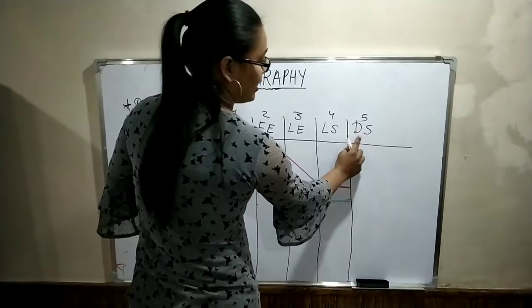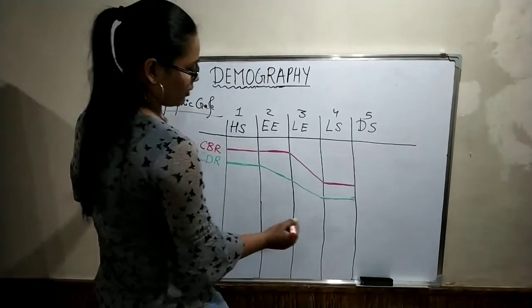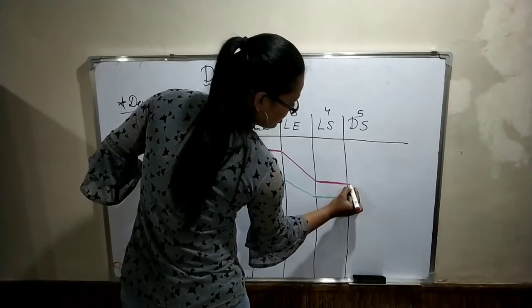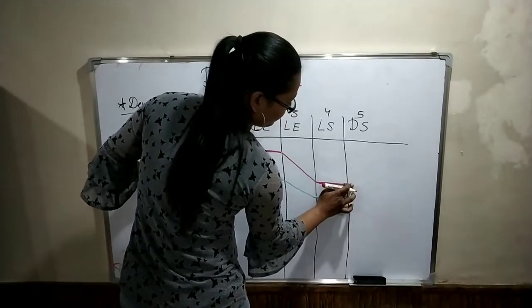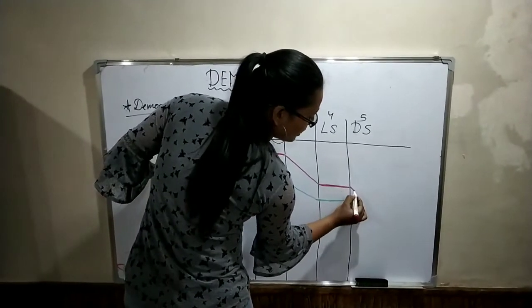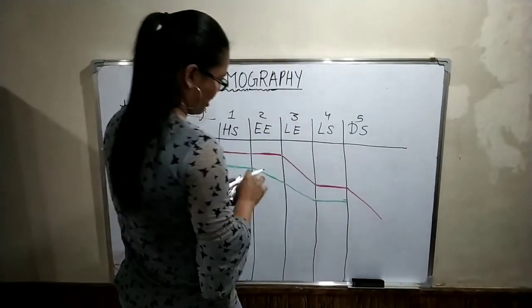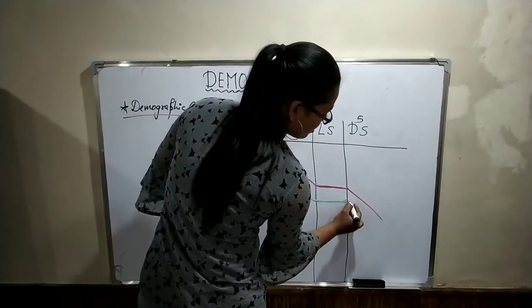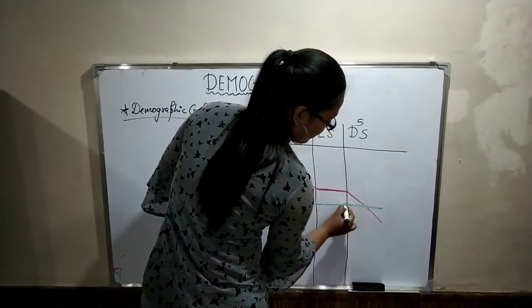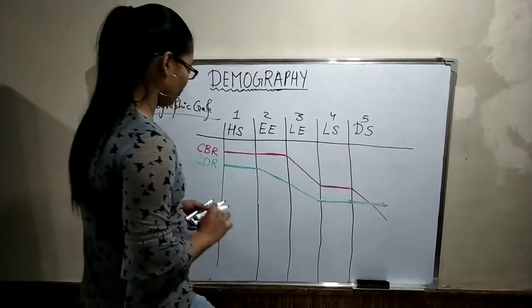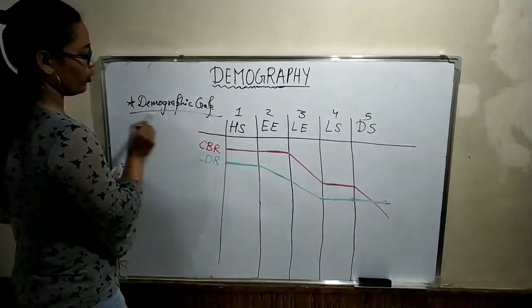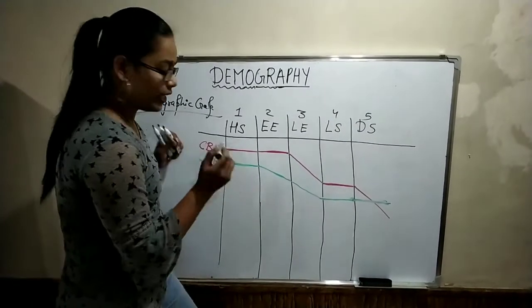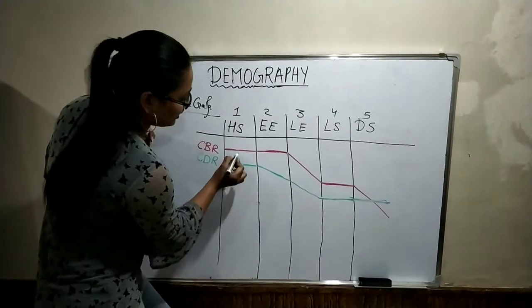And at declining stage, birth rate is low. Birth rate starts declining and death rate is normal, low. So, what is the topic? Demographic gap. Here, how we can conclude the demographic gap? This is the gap.